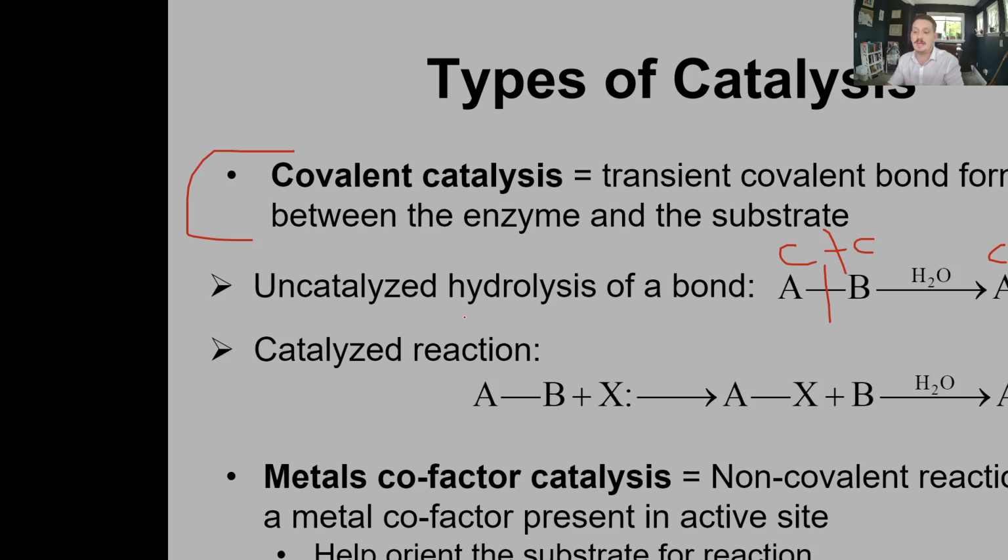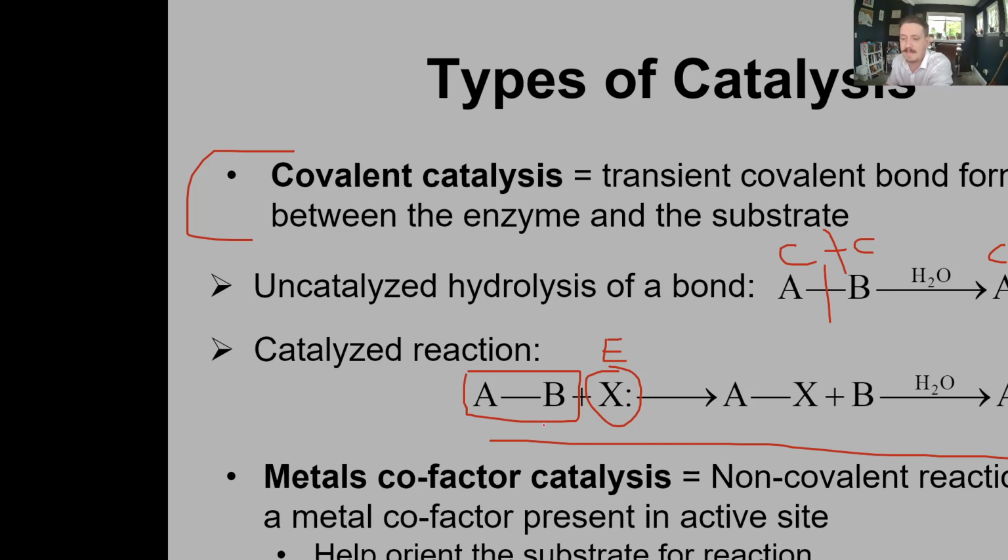And the way that the reaction may proceed, remember that the reaction coordinate proceeds forwards, is that you start with A and B bonded together, and you introduce the catalyst X, which, you know what, would be better if it was E for enzyme to make that clear. What may happen is that this bond gets broken, and then A reacts with E, and that gives you A plus E, and because this bond is broken, it gives you B.